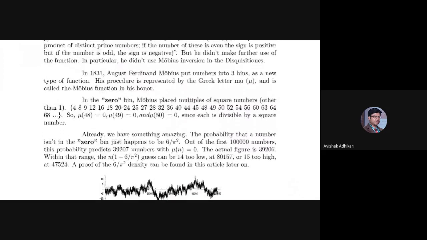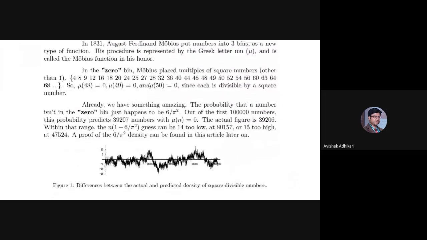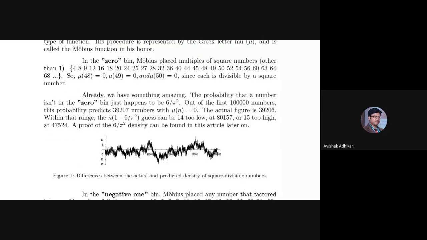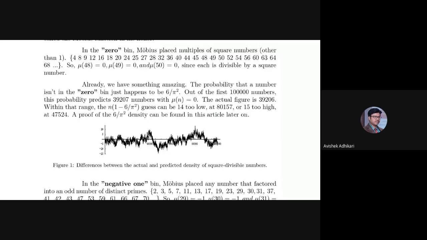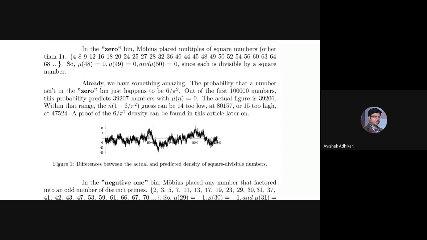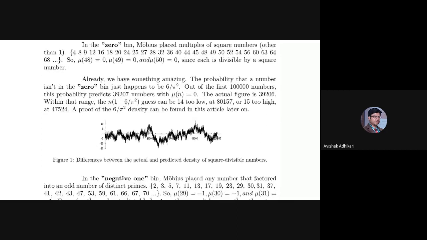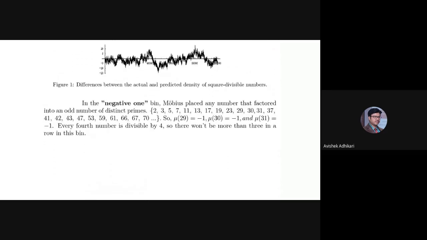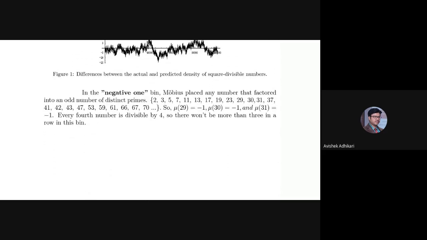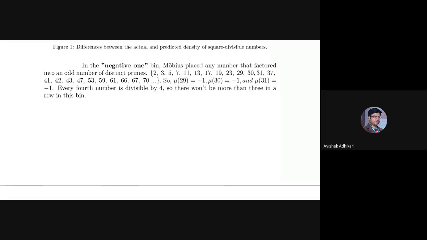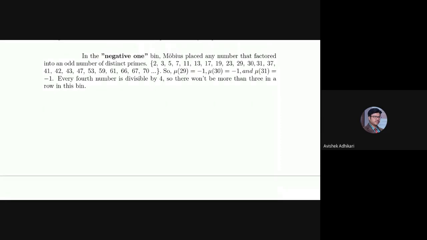Okay. So what I was talking about: he created three bins, and in the zero bin he put all the numbers which are multiples of square numbers, such as 4, 8, 9, 12, 16, and so on. And in the negative one bin, he put all the numbers which, if we prime factorize them, give an odd number of primes in the factorization.